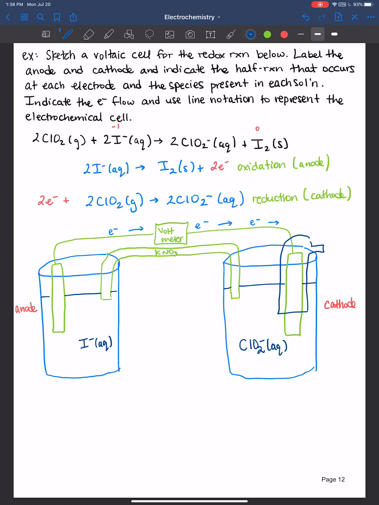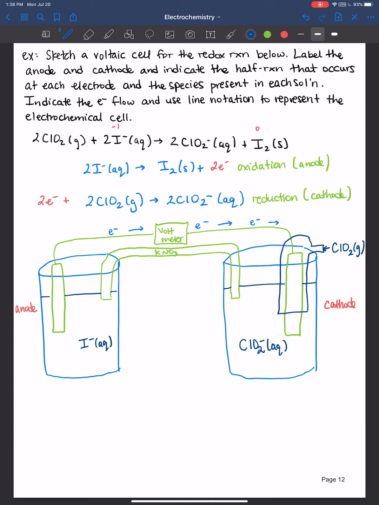And so it covers the electrode and it's submerged, so the gas comes in and gets bubbled into the solution. The gas in this case is the ClO2 gas here. So it goes in here, gets bubbled into the solution to participate in the redox reaction.